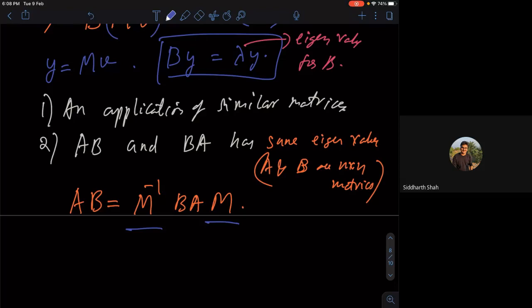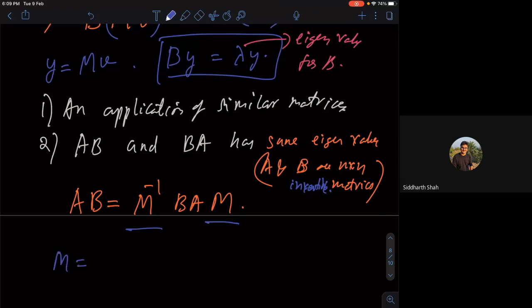Sir, if A is invertible, then we can have M equal to A inverse. Yeah. So is it A invertible or B invertible? You're taking M to be A inverse. So we are talking about n cross n invertible matrices.